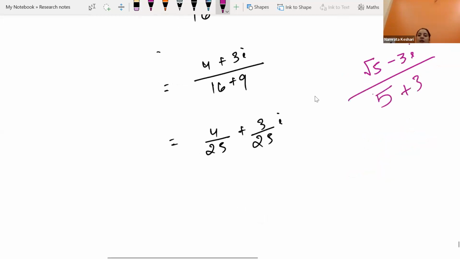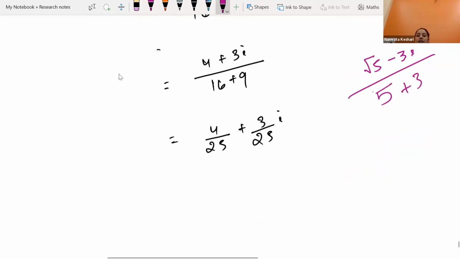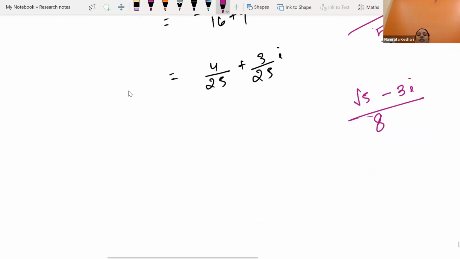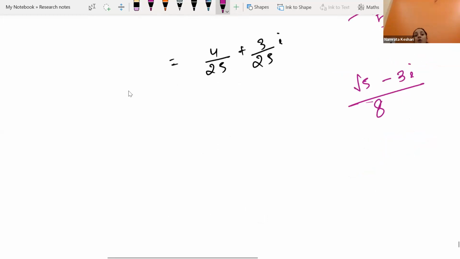We are done. We are getting 8 in the denominator. Here we are getting root 5 minus 3i. Now we can separate it. We can write it in the form of a plus ib, a complex number. So root 5 by 8 minus 3 by 8 i. This is the multiplicative inverse of root 5 plus 3i.